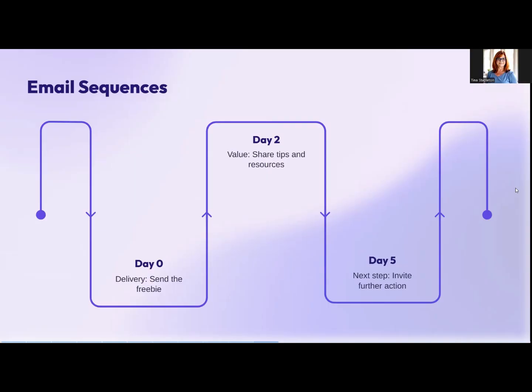You're going to want to go into more detail than what was provided in just your freebie, okay? And that will be a second email. And then for this email sequence, we have a day 5. And on day 5, it's invite further action. So whether it's to sign up for a course or to join your subscription service or products, this is how the sequence would flow.